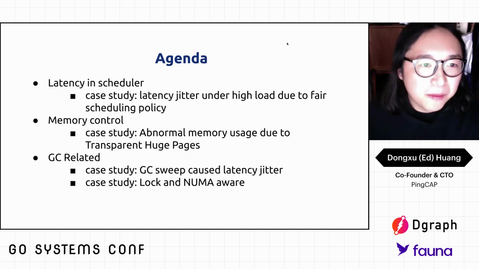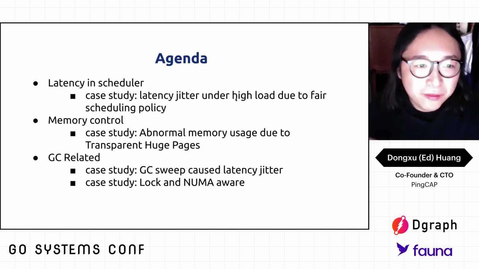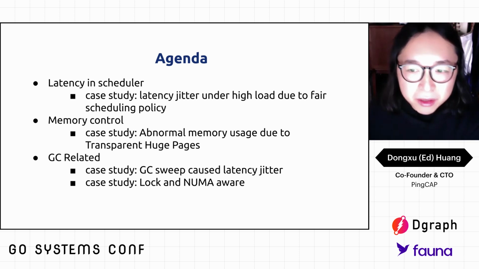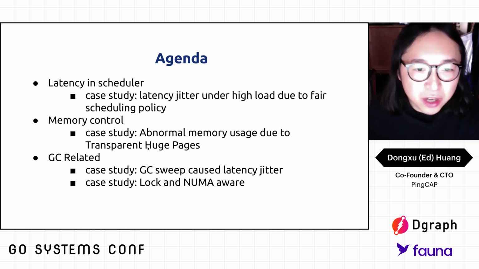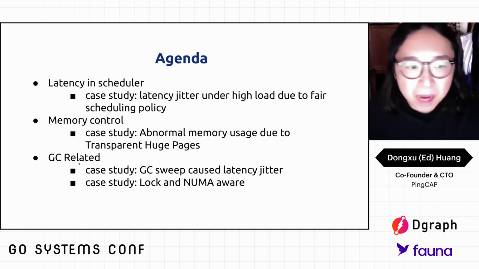For example, some weird latency jitter under high load due to Go's fair scheduling policy, some weird memory control, something like abnormal memory usage due to the Linux THP, the transparent huge pages, and some weird cases about the GC, garbage collection.